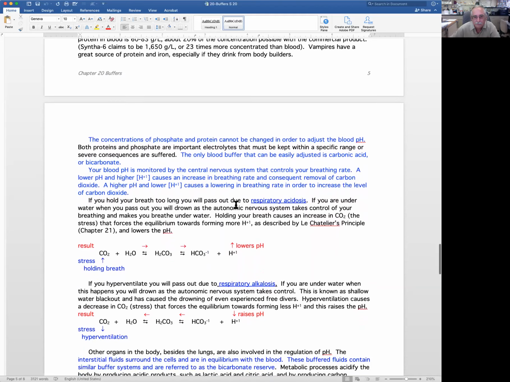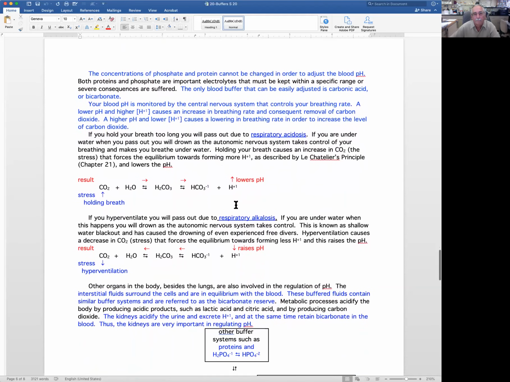So now here's how it works. You cannot change the concentration of protein in your blood or of dihydrogen phosphate in response to changing your blood pH. The only thing you can change is your breathing rate. In other words, the hydrogen carbonate one.